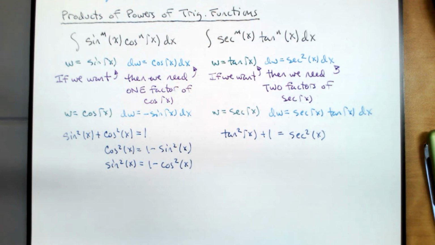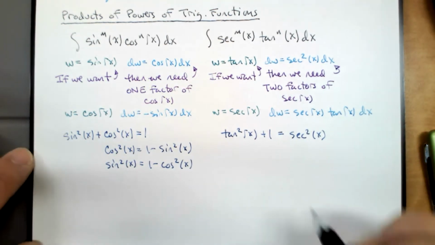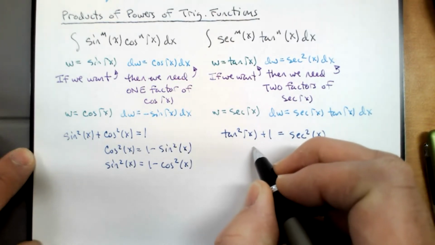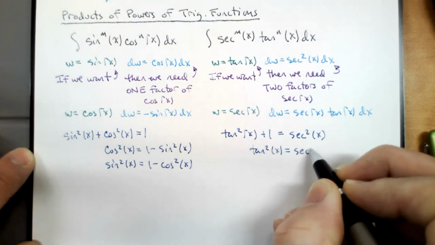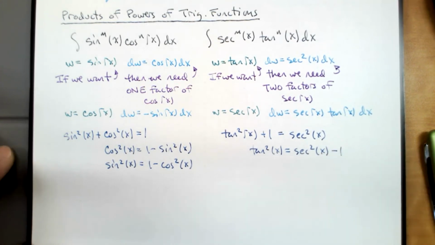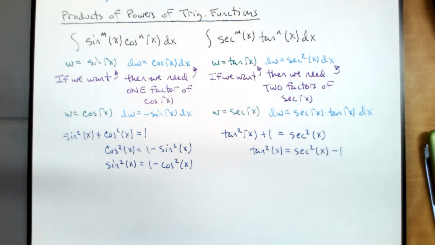And then we can just start turning this around. Secant squared is 1 plus tangent squared. And I could solve this for tangent and say that tangent squared is secant squared minus 1. You can either remember this as 4 separate things or four variations on one thing.